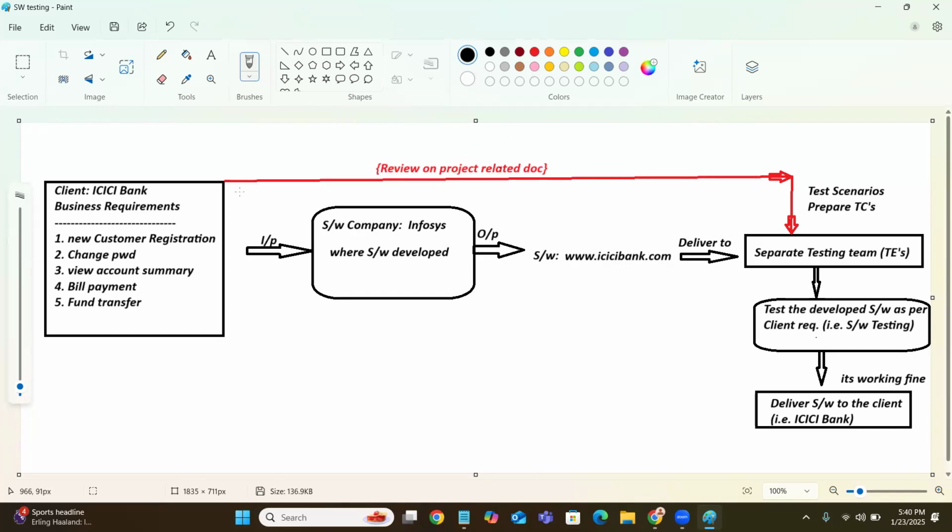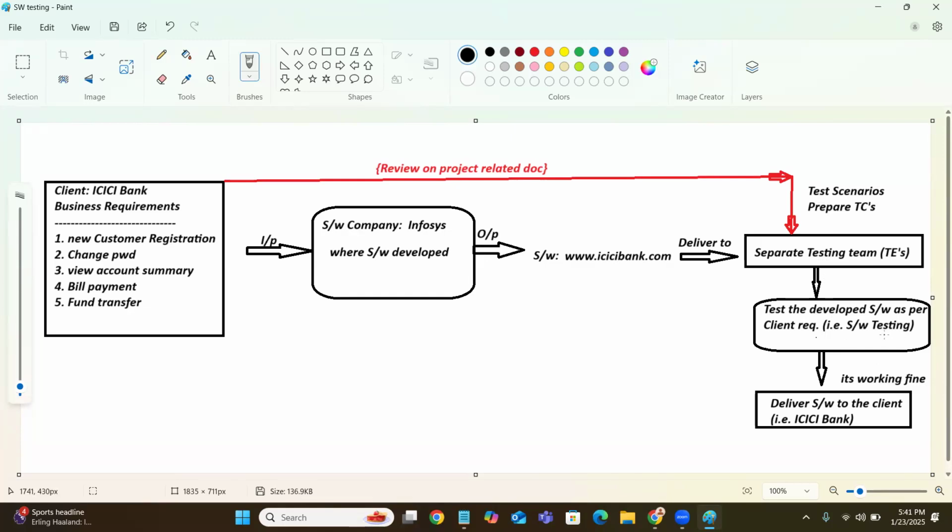Based on the client requirements, testers first go for scenario identification, then prepare the test cases. As per that, we perform testing, testing the developed software as per client requirements.